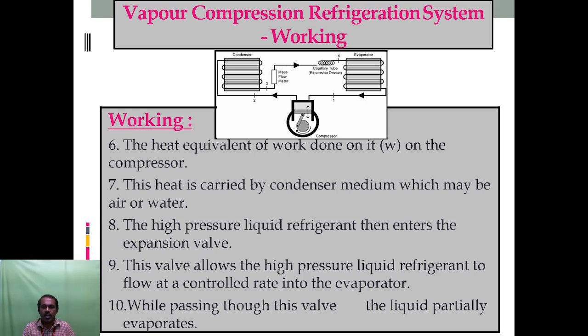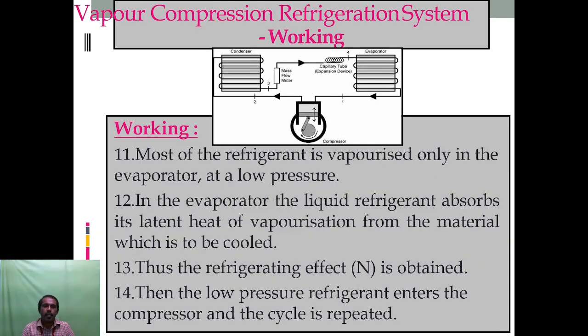The high pressure liquid refrigerant then enters the expansion valve. This valve allows the high pressure liquid refrigerant to flow at a controlled rate into the evaporator. While passing through this valve, the liquid rapidly expands. Most of the refrigerant is evaporated only in the evaporator at low pressure.